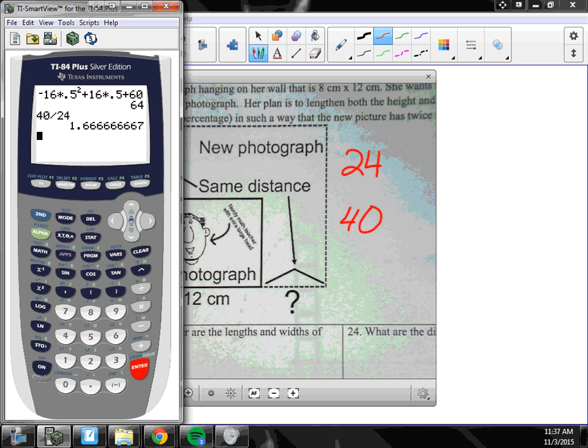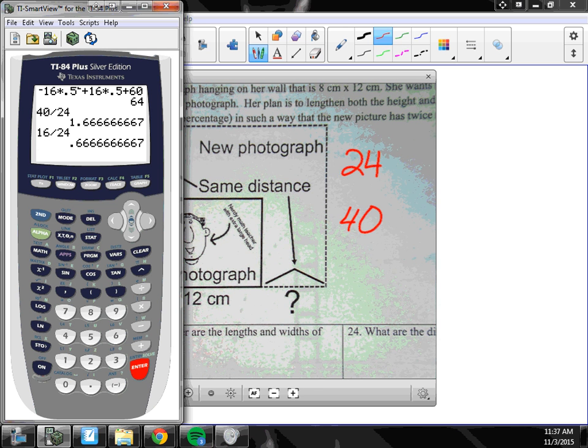Did it increase 166% or did it increase 66%? Well, we started with 24 and we ended with 40. So we increased 66% because we only went up 16, right? So 16 out of the original 24 is an increase of 66%.